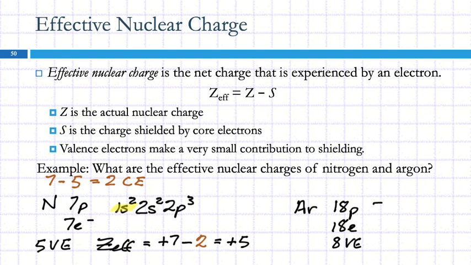So the effective nuclear charge here is going to be the +18 on the nucleus minus the number of core electrons. We can figure that out by taking the number of electrons and subtracting the valence electrons, and that'll give us the core electrons. So 18 minus 8 is 10, and 18 minus 10 is positive 8.